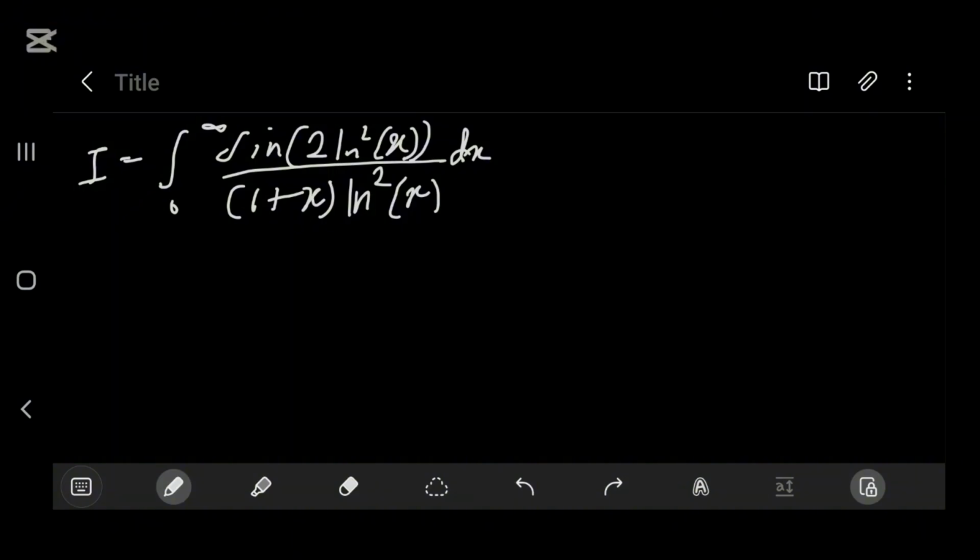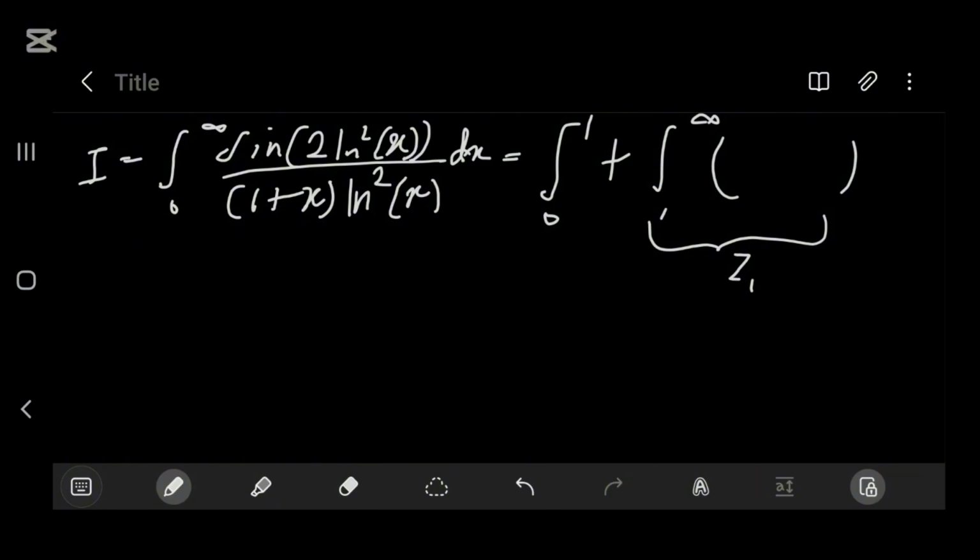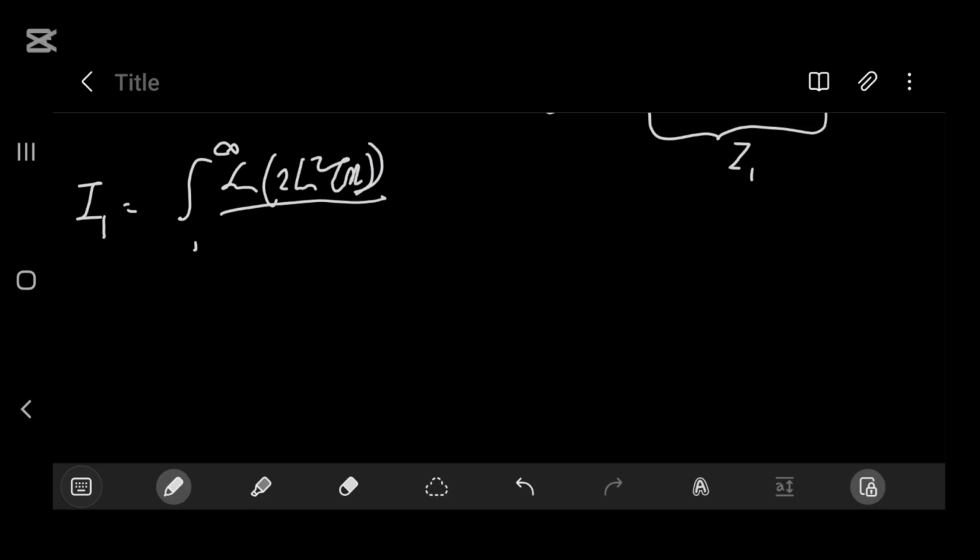First of all, we need to separate the integral into 0 to 1 plus 1 to infinity. Let's take the second part as I1, so I1 equals the integral from 1 to infinity of sin(2 ln²x) over (1 plus x ln²x) dx.